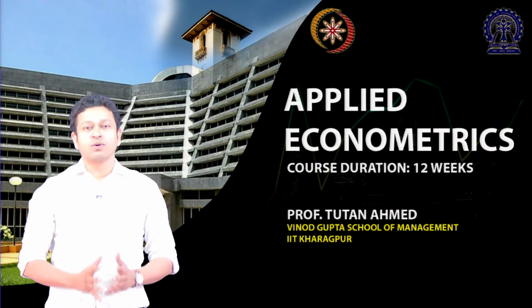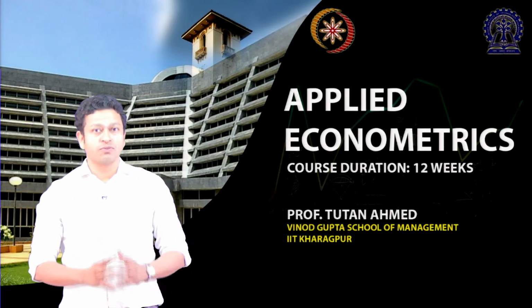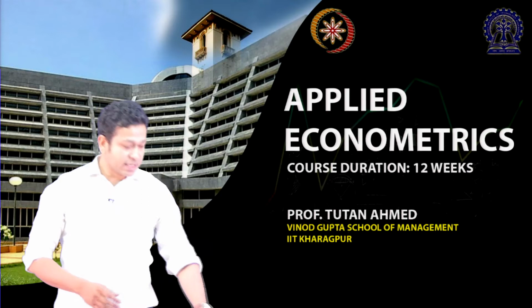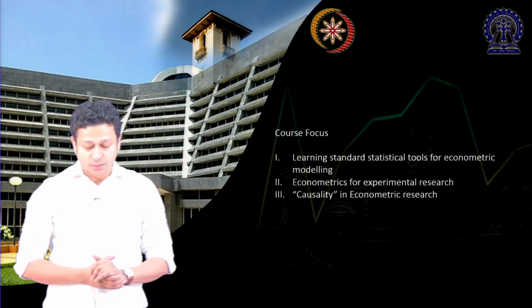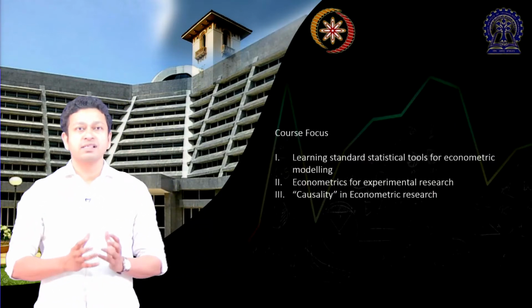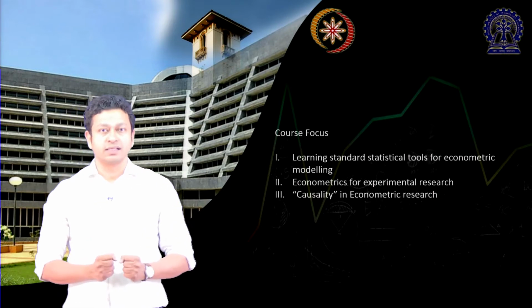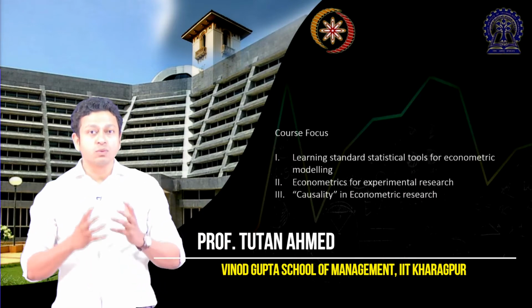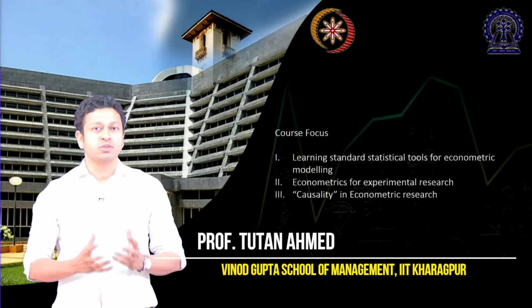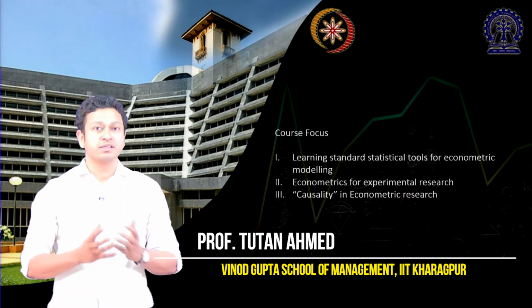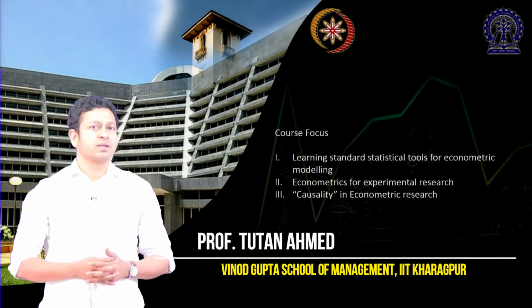To begin this course, let us talk about the core focus of the course. Essentially, what we'll try to learn, first, is basic statistical tools and basic tools to build econometric models to solve problems that we see in the domains of economics and public policy as well as in business.